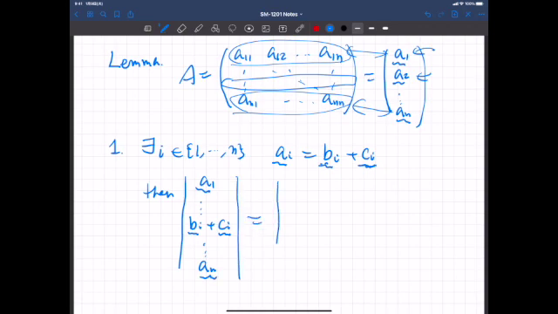This is equal to the sum of two determinants.